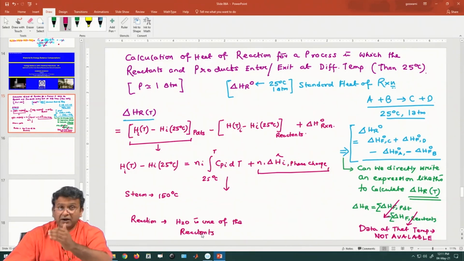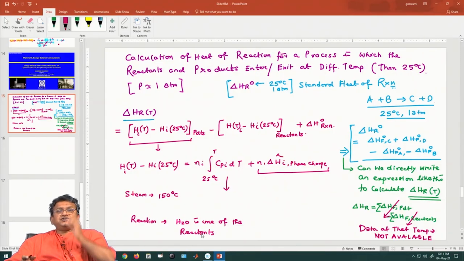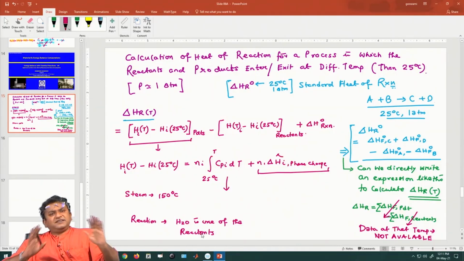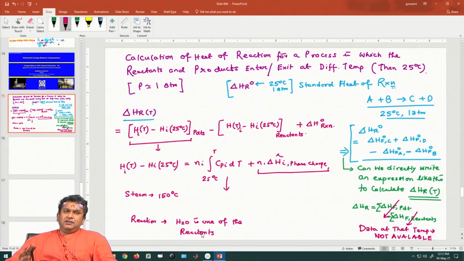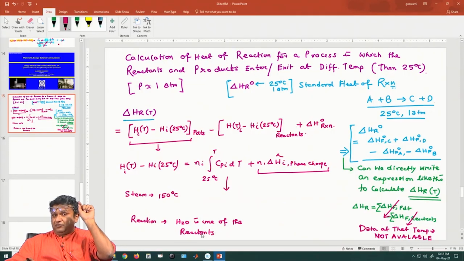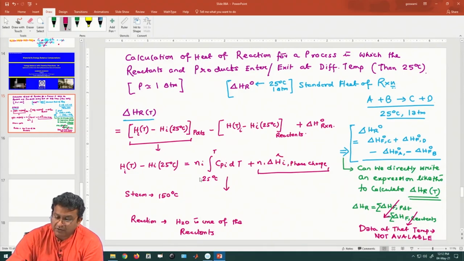So, what does it mean? What you have to do? You have to assume as if this steam, let us say it is at 1 atmospheric pressure, let us avoid the complication associated with pressure, is reduced from vapor phase at 150 degree centigrade to liquid phase at 25 degree centigrade. So, what happens to this particular term?